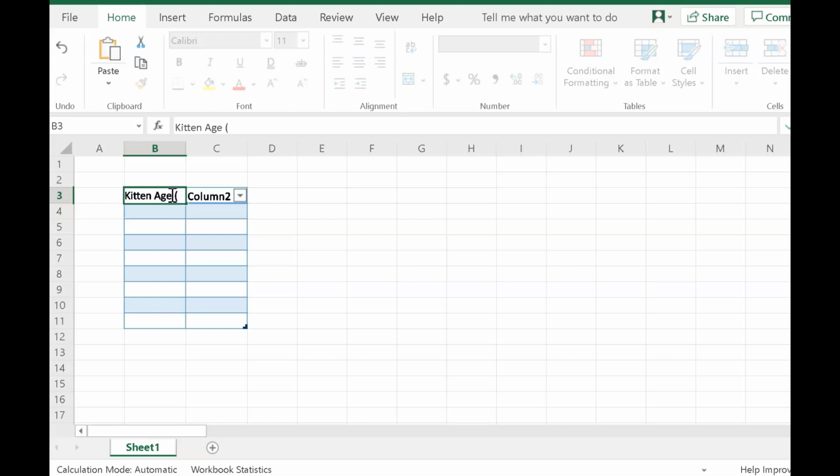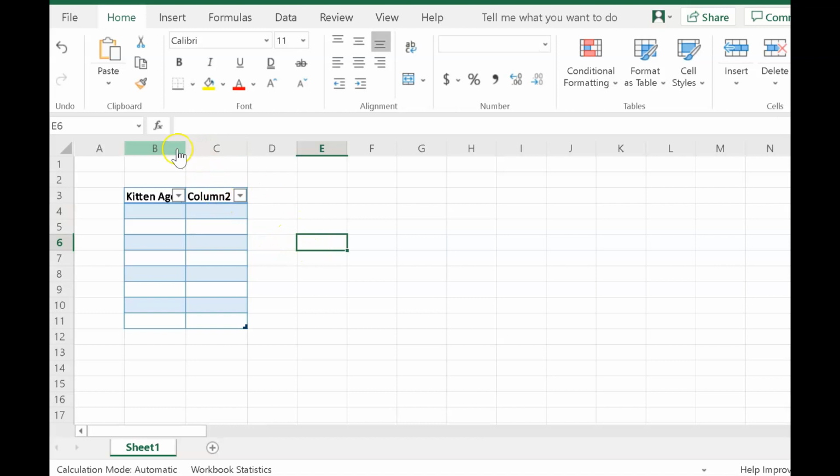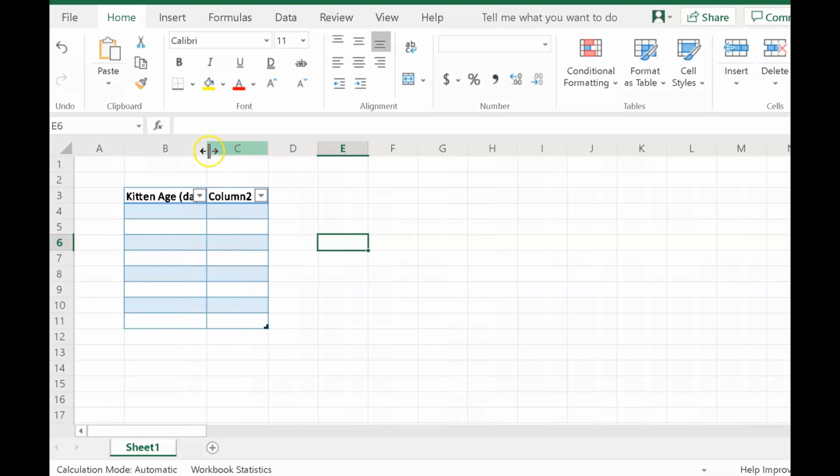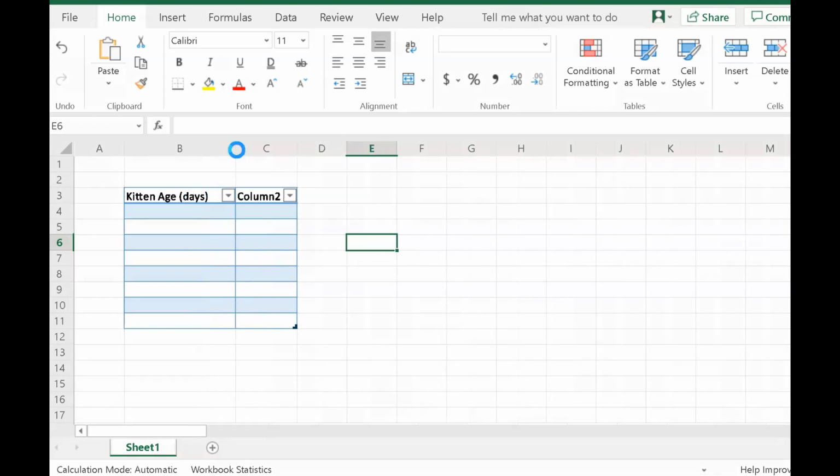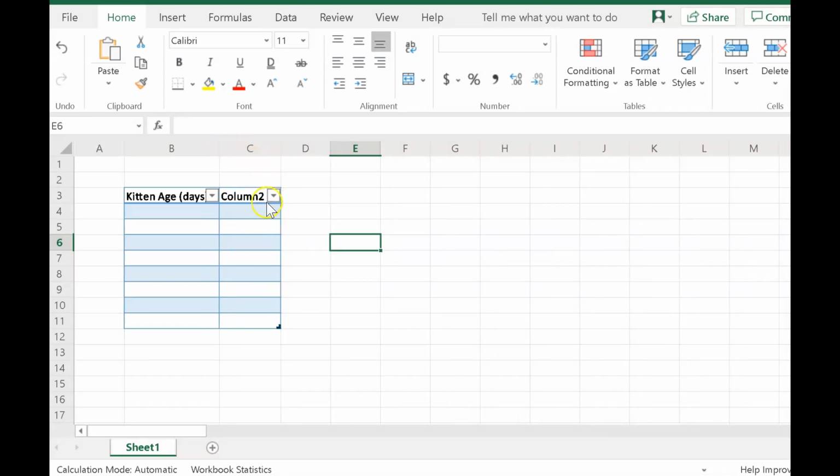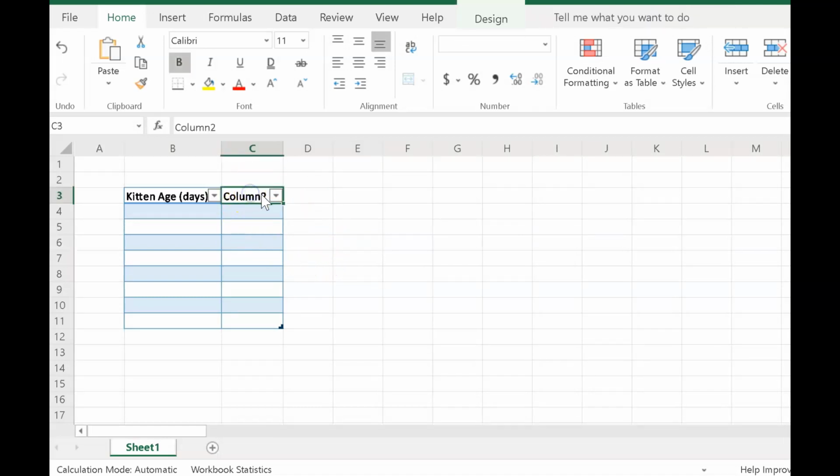I will put days in parentheses, and it looks like this is a little bit too long and doesn't fit my cell, but I can move it so I can see the entire title of this column, kitten age in days. And here we go. That's not bad. And for this column, I'm going to say kitten mass.